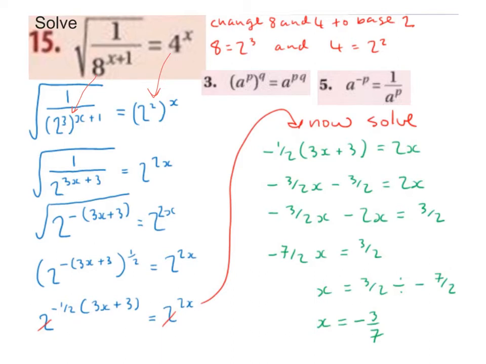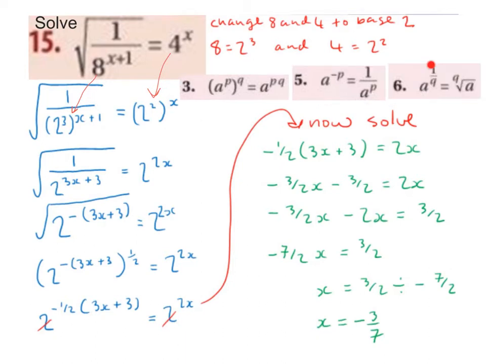The next thing that I'm going to do is change this square root to the power of a half. And I'm using another one of my laws of indices for this, and that is law 6, a to the power of 1 over q equals the q-th root of a. So we're actually going to use this rule in reverse.